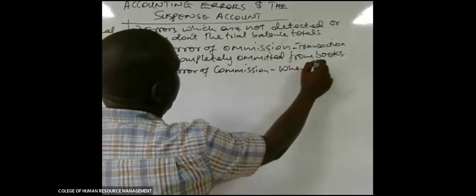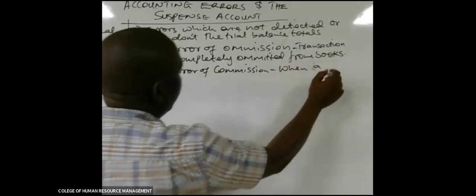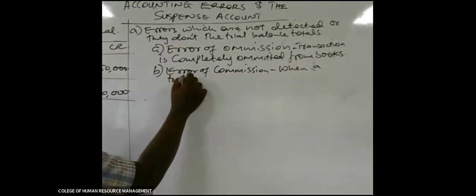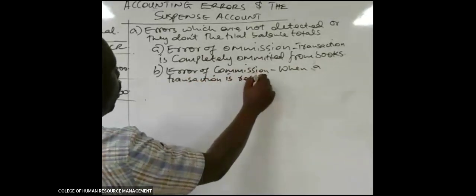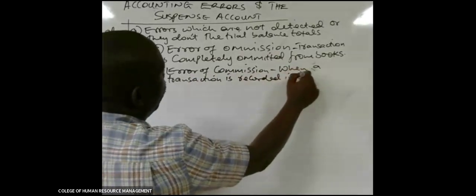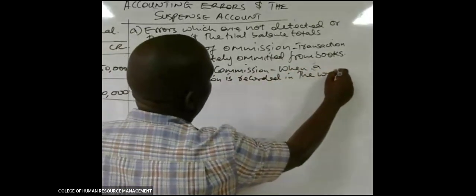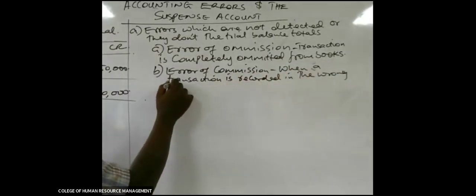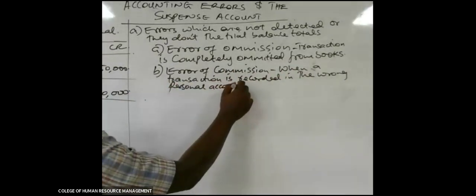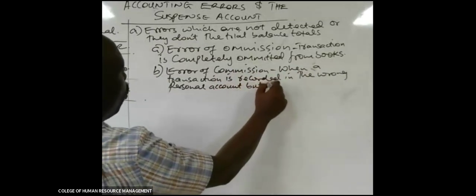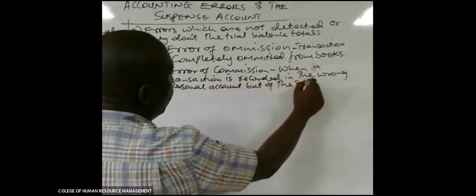This occurs when a transaction is recorded in the wrong personal account, but of the same class.